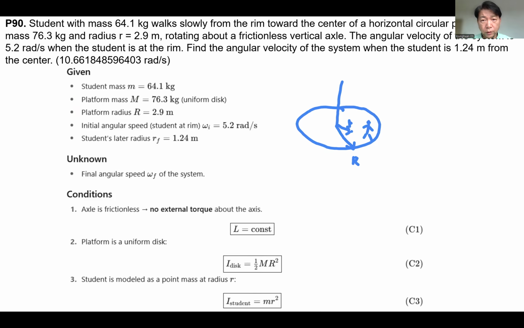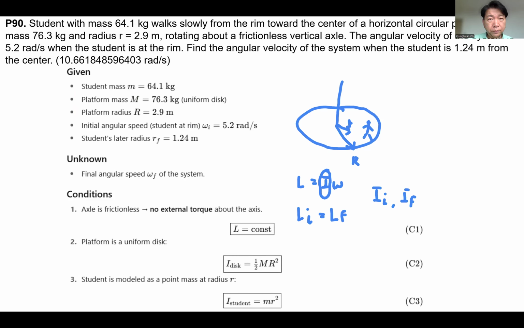In this case, you need to find L is I omega, and then L initial equals L final, which is angular momentum conservation. And then what is going to change is that I is changing.